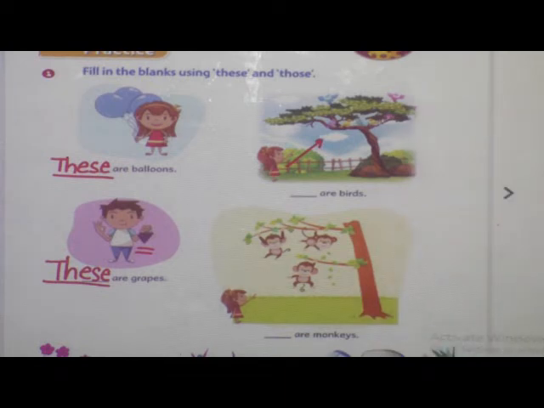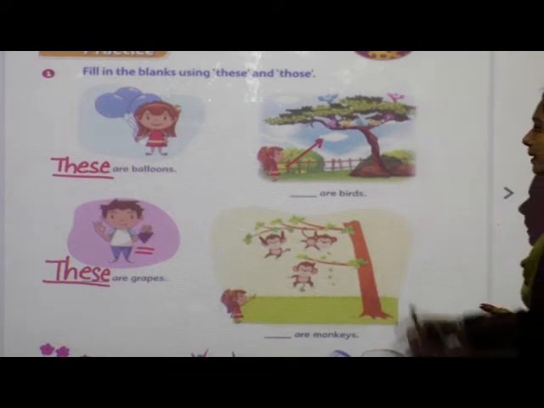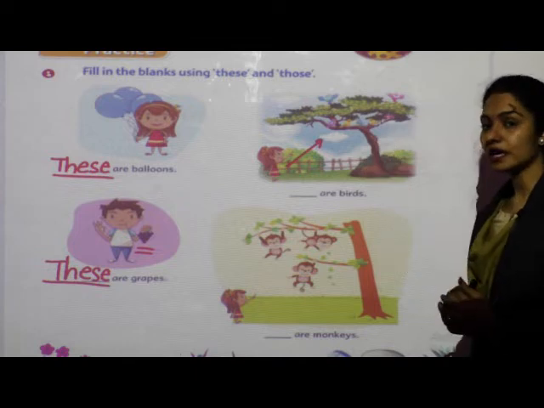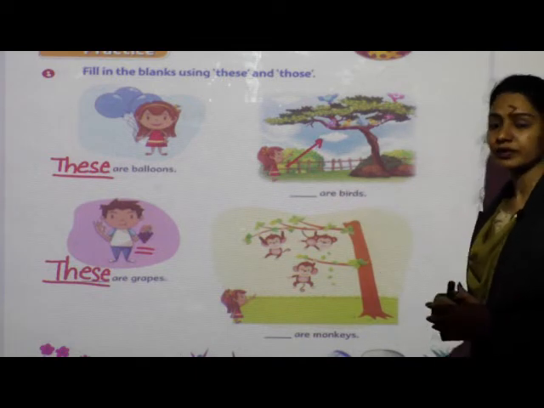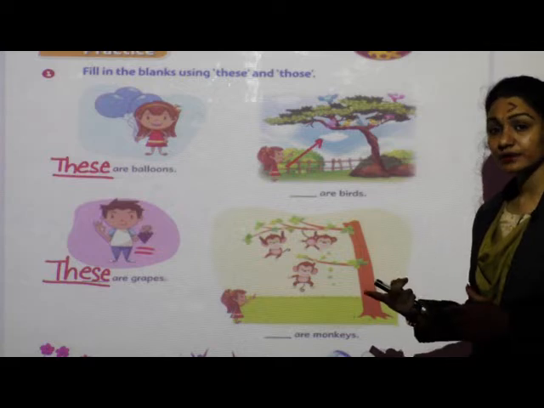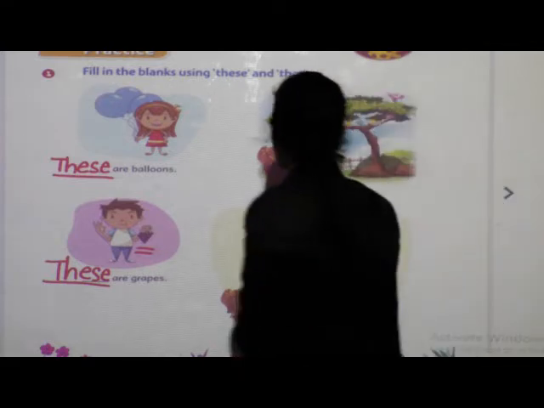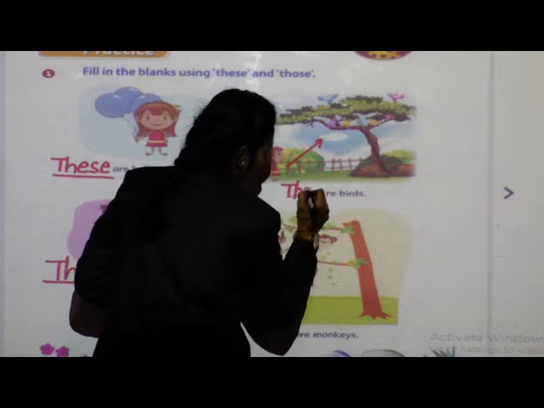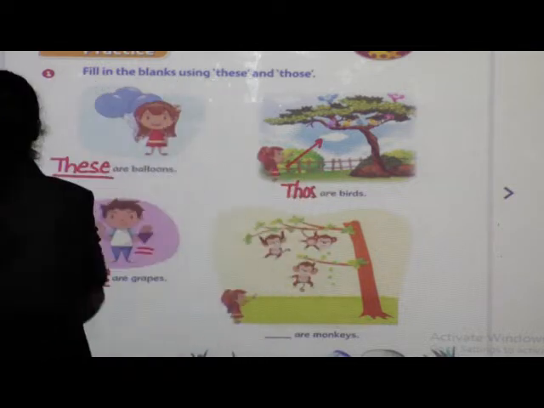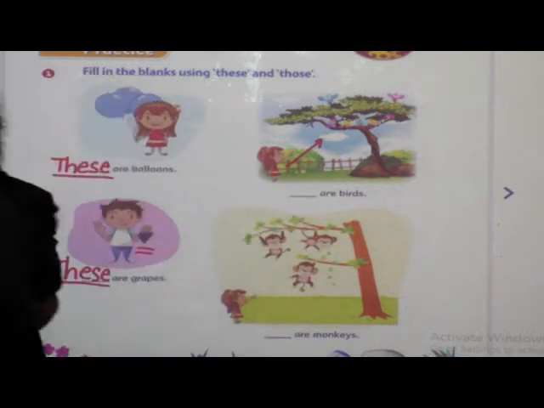The number of birds is more, so we use the helping verb are. Those. Very nice. Write here those.